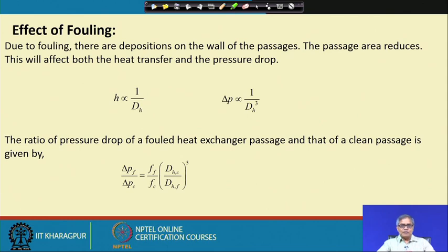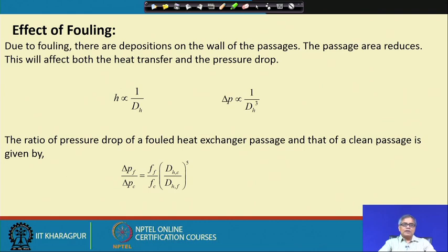If the surface roughness is changing, that is, if the surface condition changes, then for the heat transfer coefficient there will be some change, and the friction factor will also change. Now if we take a ratio of pressure drop, then that of the fouled heat exchanger passage and that of the clean passage is given by this particular formula.